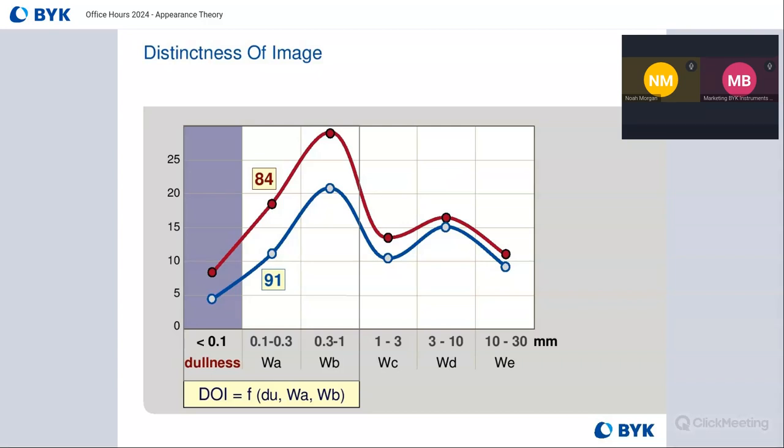Another question we have is, is dullness part of the BYK WaveScan equipment, or is it a new thing, i.e. less than 0.1 micrometers? Yes, it's part of the WaveScan equipment, but it's not really a new thing. Ray, do you have anything to add to that? So it depends.